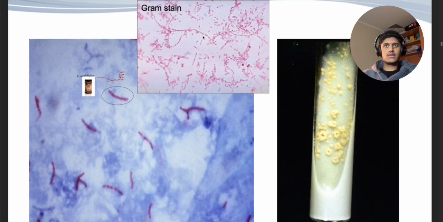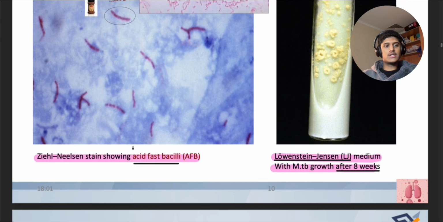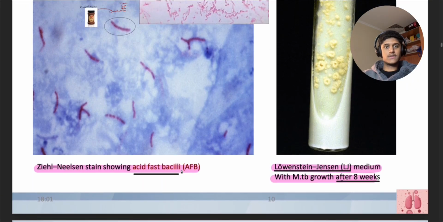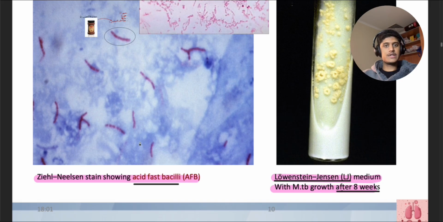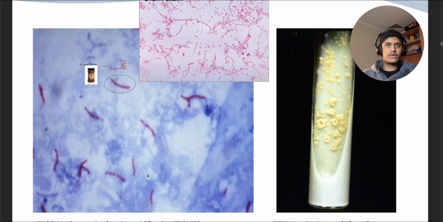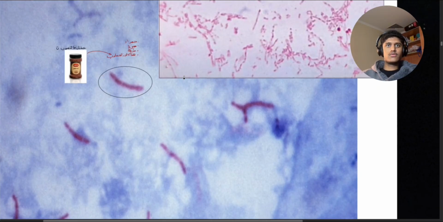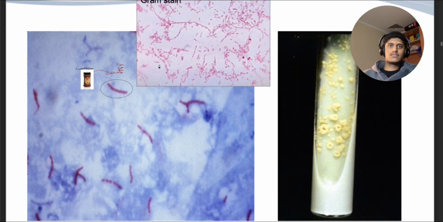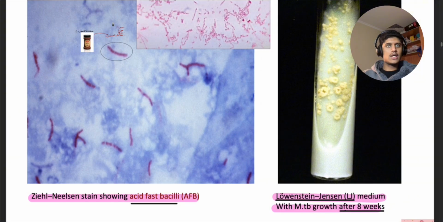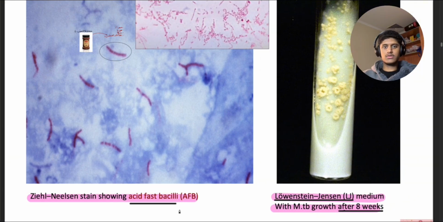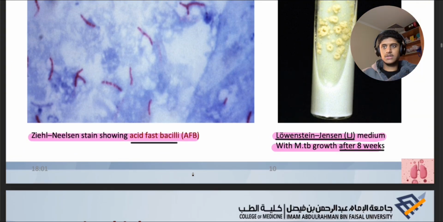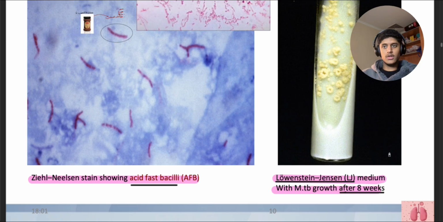As we can see, in Gram stain it's not staining very well, and the Ziehl-Neelsen stain shows acid-fast bacilli, or AFB. Please remember it for further questions in the MCQ. We can see how it looks red in color, with a bacillus type of morphology.